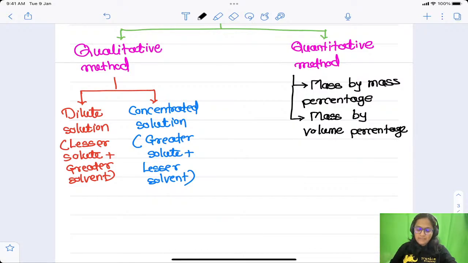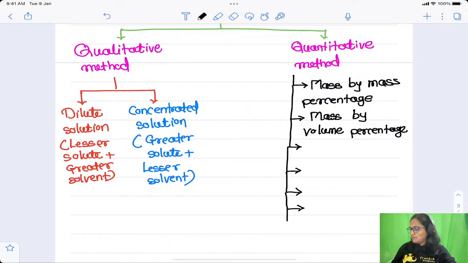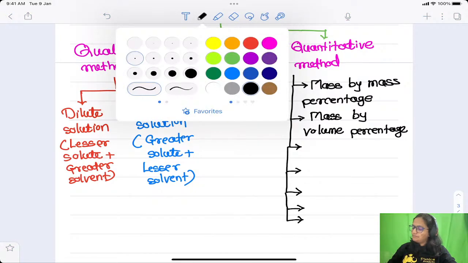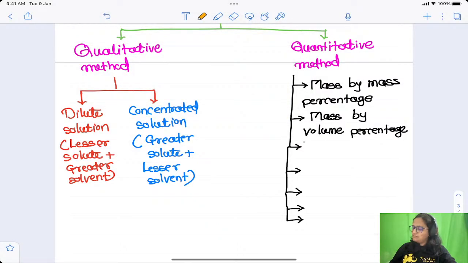Okay, apart from that there are other methods as well. I'll just list them, but no need to discuss these right now. ppm. ppm stands for parts per million.